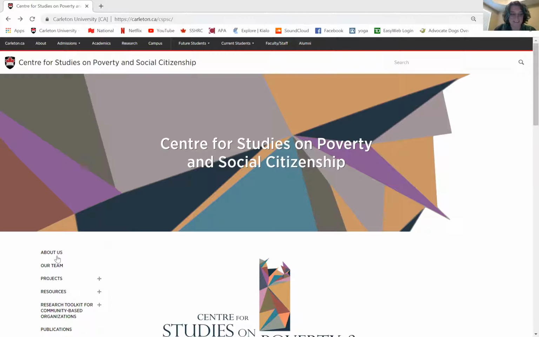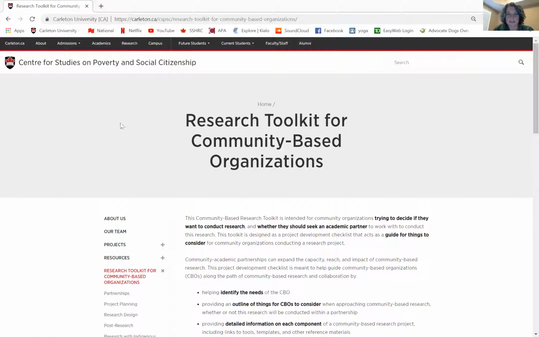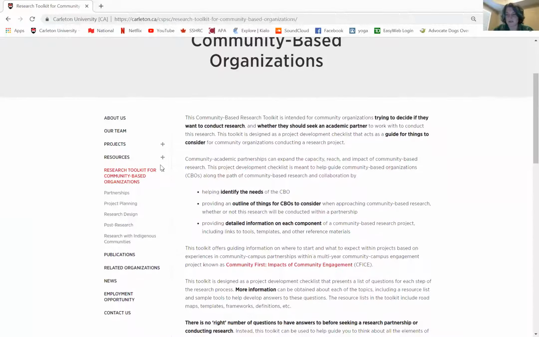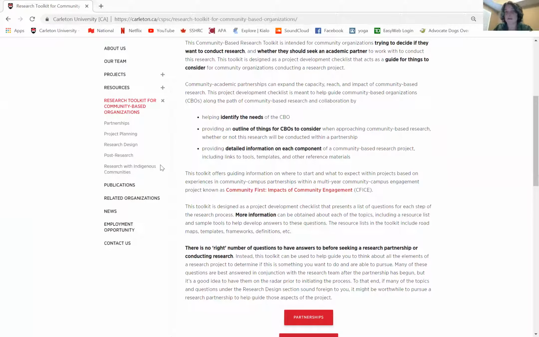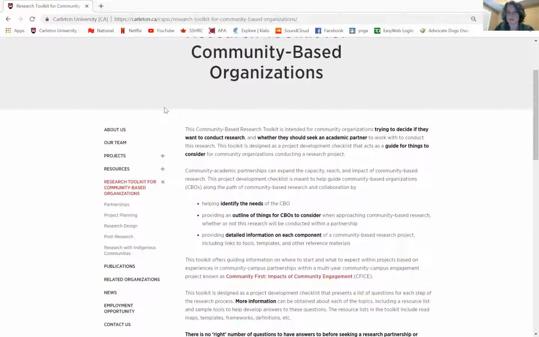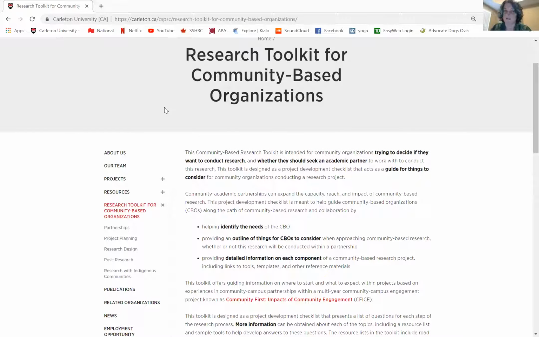Here there's a link on the side for the toolkit, and there's an introductory page. We will also be having the toolkit made available in French. It has been translated, and we're just getting it ready to put up online.